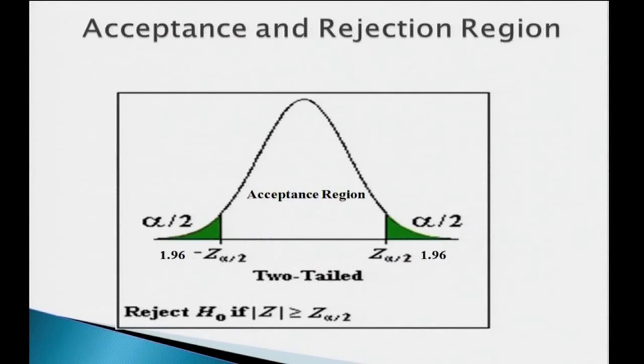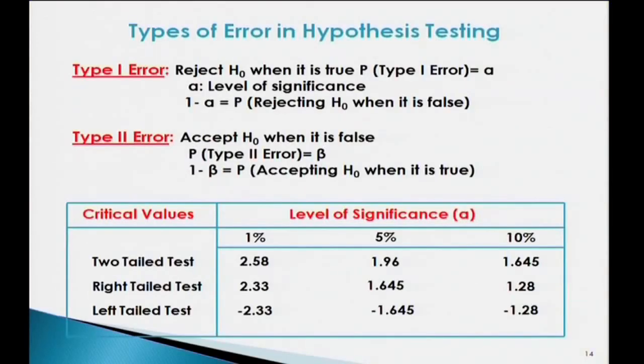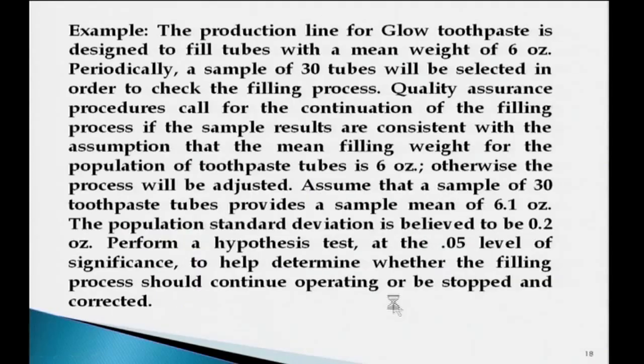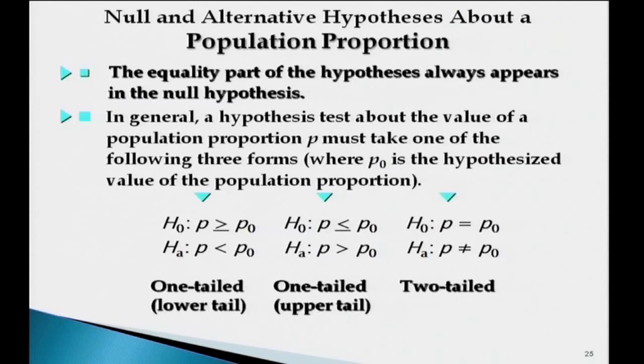Look at that table. At one tailed, right tailed or left tailed, it is 1.645. So, you can compare the calculated value with 1.645.